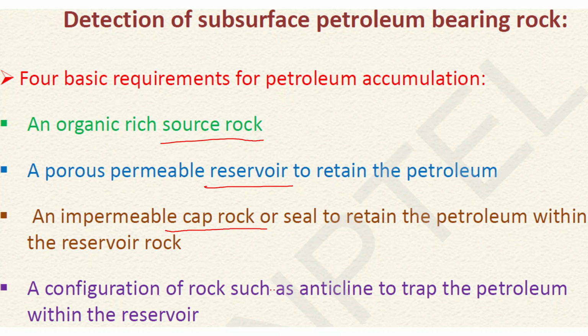And then a configuration of rock is required, such as anticline, syncline, or some kind of fault, so that maximum amount of crude oil can be stored. So these are basic requirements for petroleum accumulation in a rock.